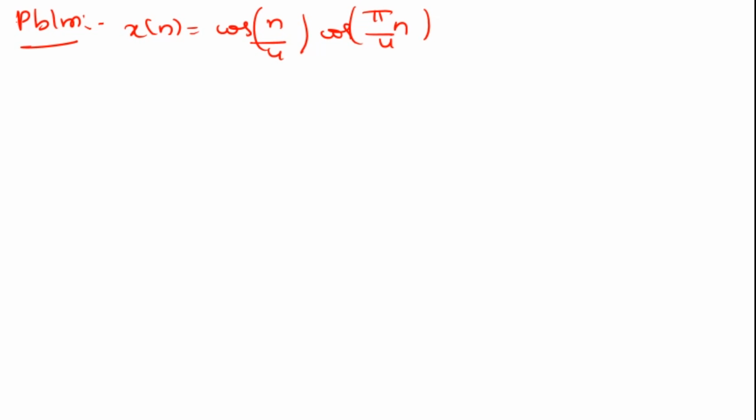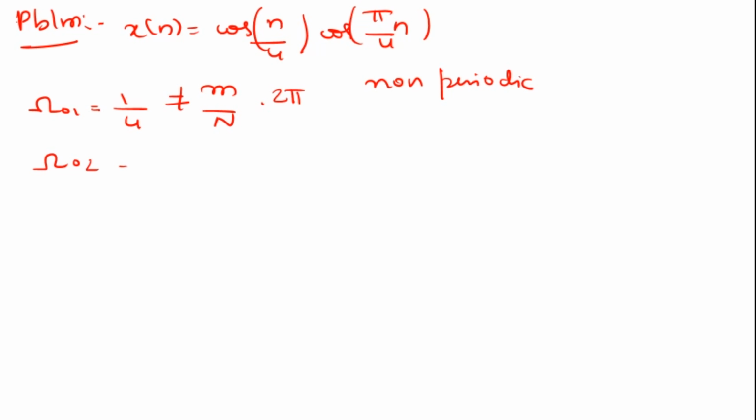This is non-periodic. And ohm naught 2 is equal to pi by 4, which is equal to 1 by 8 into 2 pi. Therefore, m by n is equal to 1 by 8. It is periodic with n is equal to 8.